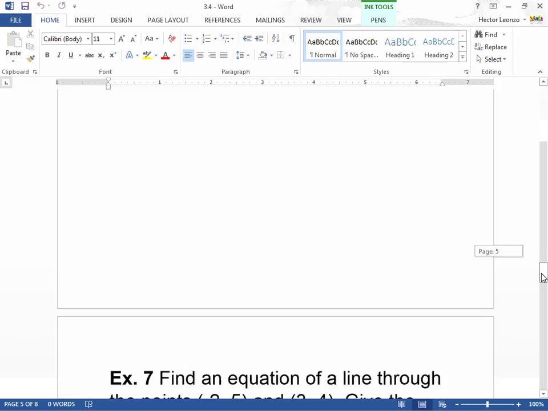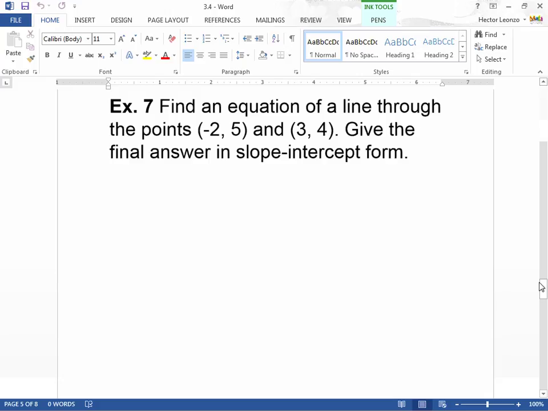Let's take a look at another example. Find an equation of a line through the points (-2, 5) and (3, 4), and give the final answer in slope-intercept form. As we notice, I don't have a slope, but we learned in previous sections how to figure out the slope having 2 points.